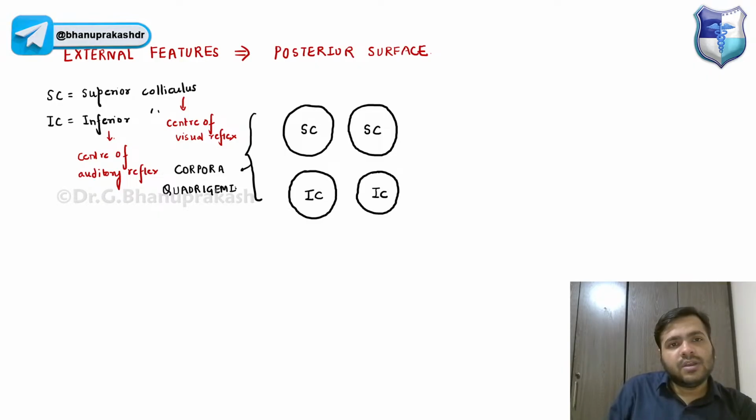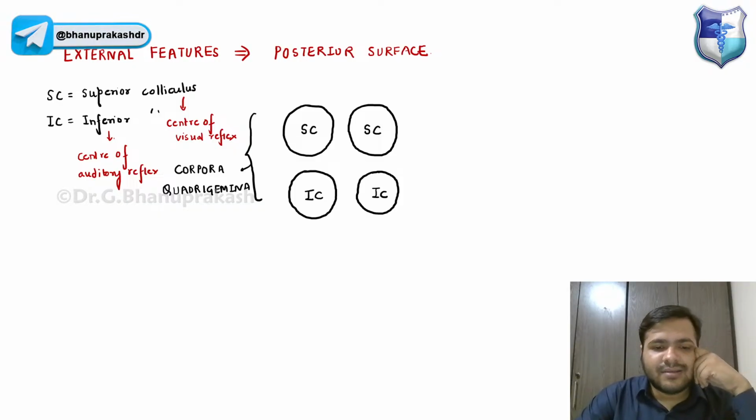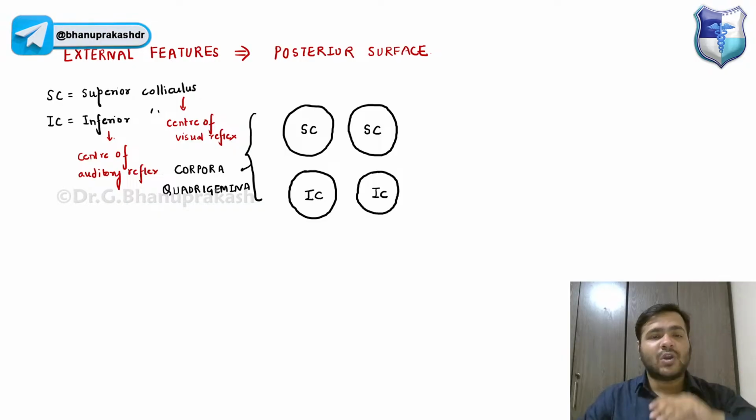The superior colliculus and the inferior colliculus form the posterior surface of the midbrain. Now let us try to see what other structures we can see over here.